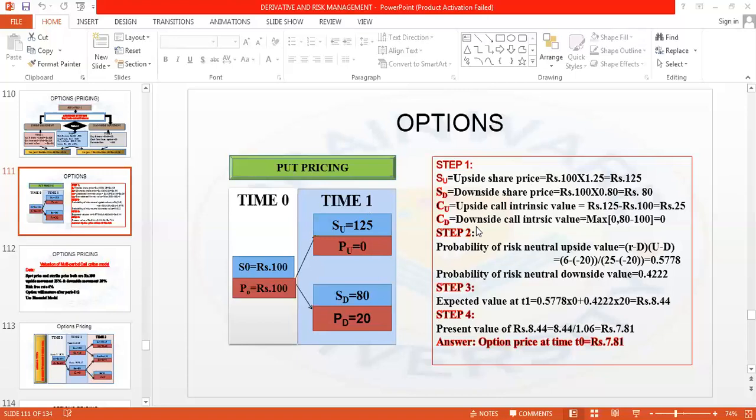Now we are moving to step 2. That means we are calculating the probability of risk neutral upside value.